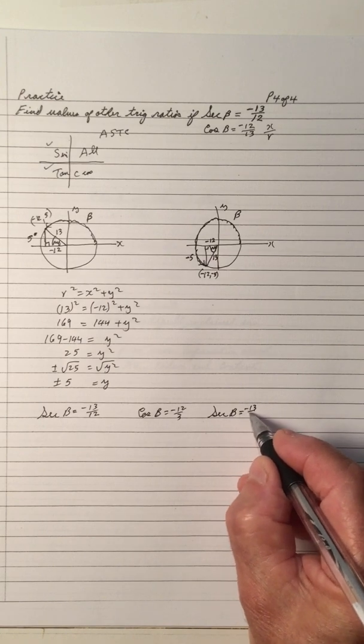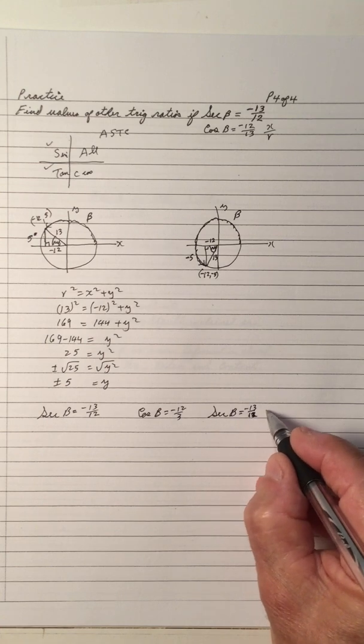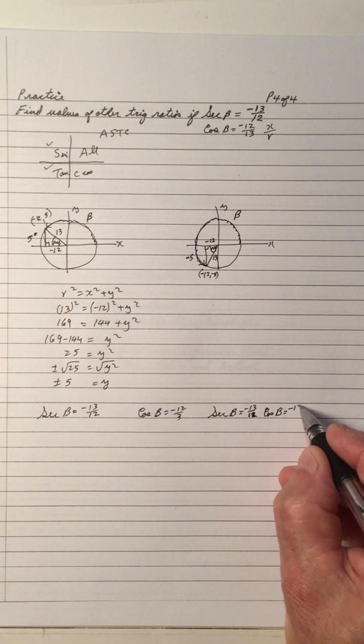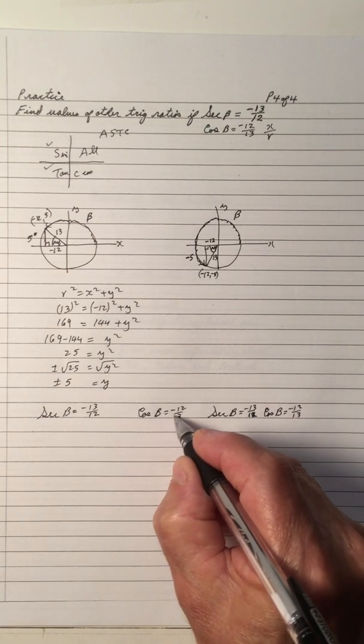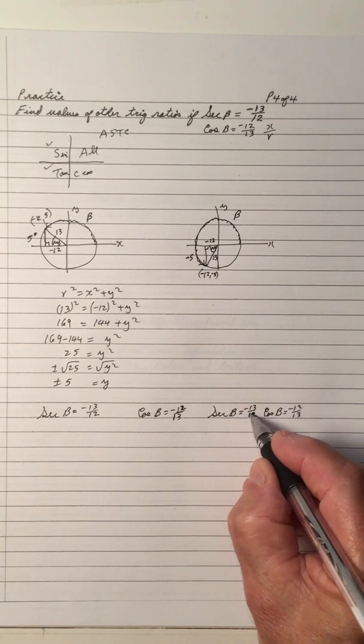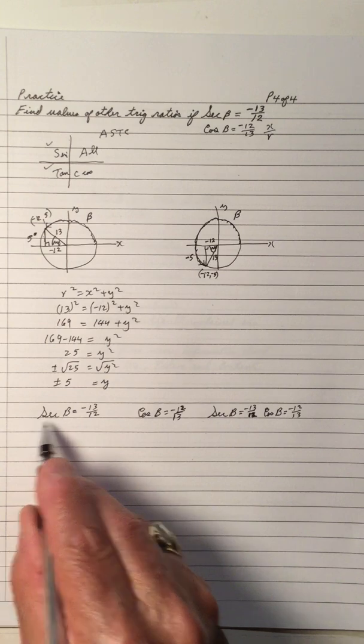Negative 13 over 12, so we flip that, and cos beta is negative 12 over 13. So be careful, don't get sloppy. Sometimes you have a tendency to make errors. So this is cos.